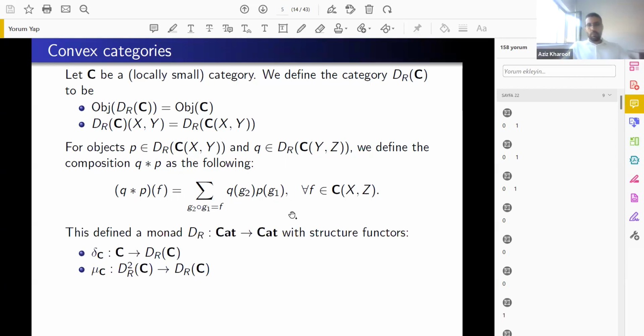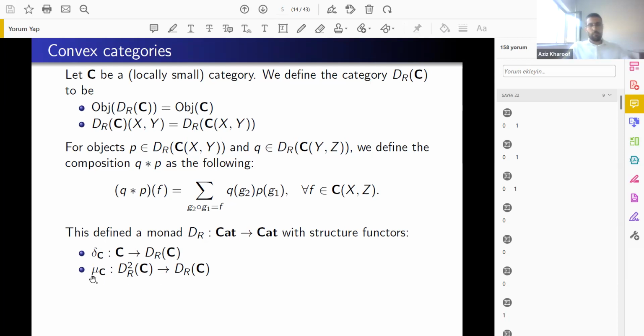For every category, we define another category, and this is functorial. But more than this, there is a structure like before: the unit. One can imagine what the unit looks like. It's the identity on objects, and it behaves on morphisms like the unit when DR acts on sets.